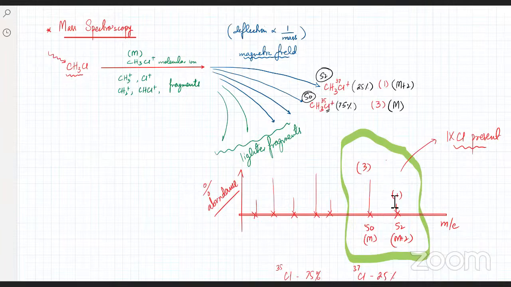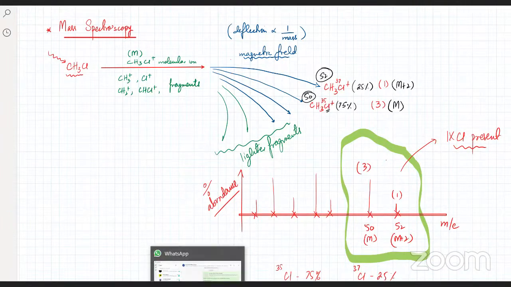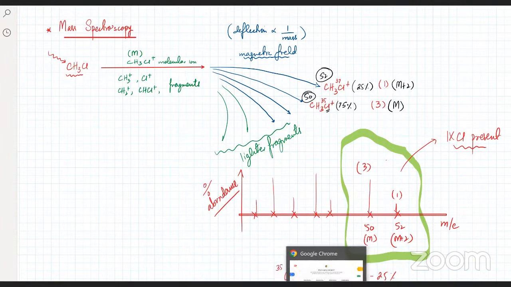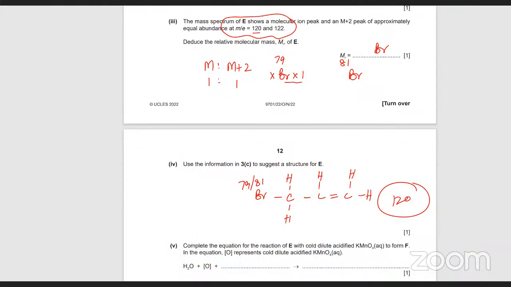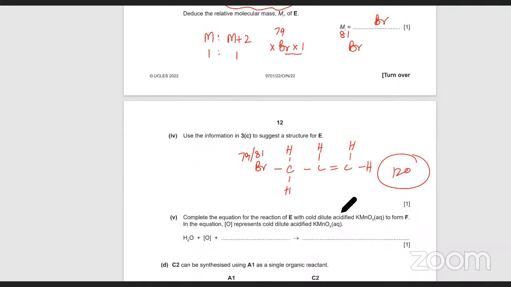The abundance is going to be 3:1, because the chances of getting Cl35 is 3 times higher than the chances of getting Cl37. I'll send the detailed lecture again, but just remember this small thing, okay.